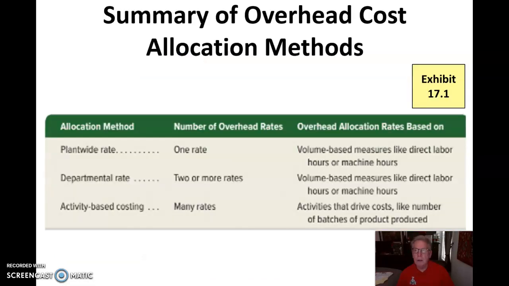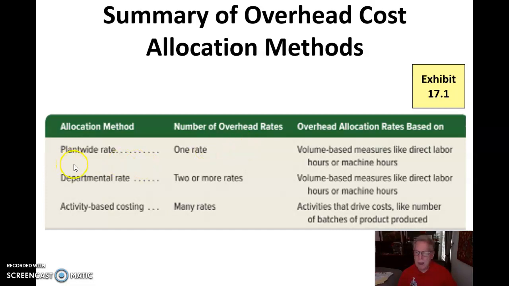As we look at a summary of these overhead cost methods, we have the plant-wide rate. That's one rate. It's a volume-based measure, and it uses direct labor hours, direct labor dollars, or machine hours as the allocation method.